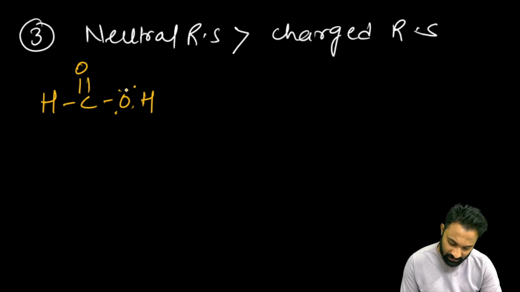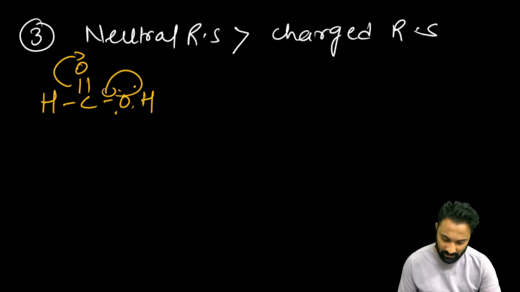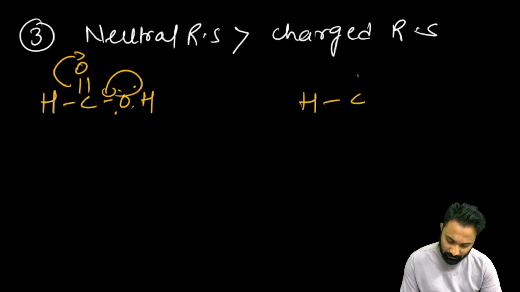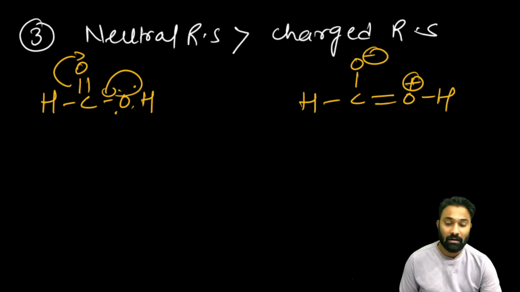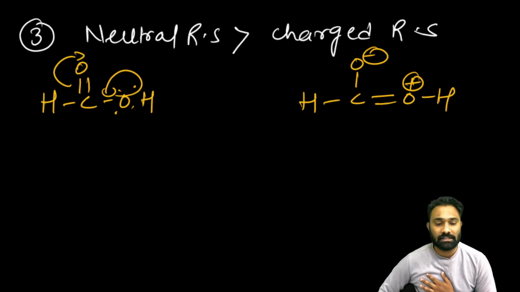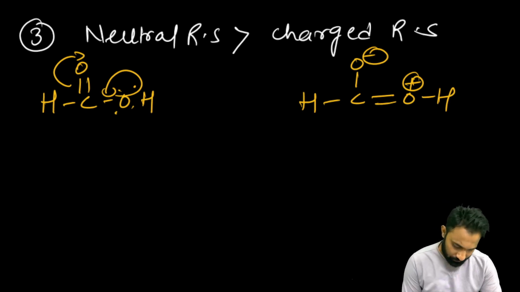Charged resonating structure means if this electron has been delocalized, now this is charged, right? This is the charged resonating structure. A neutral structure is more stable than the charged resonating structure. Done?